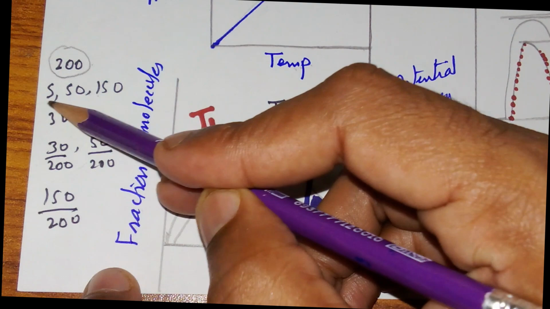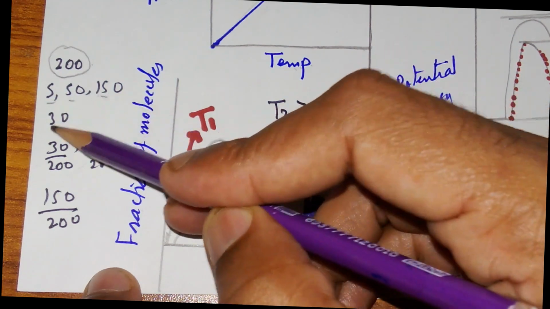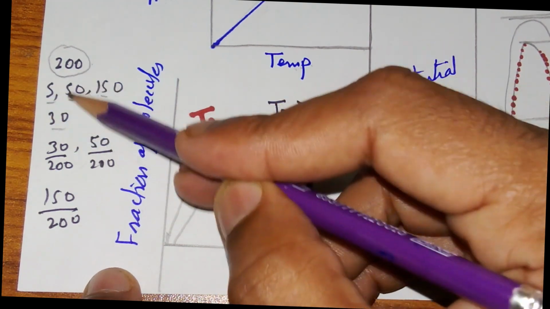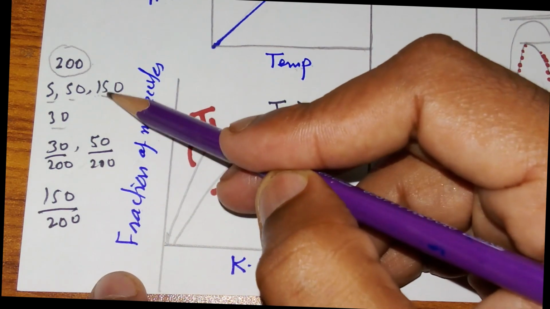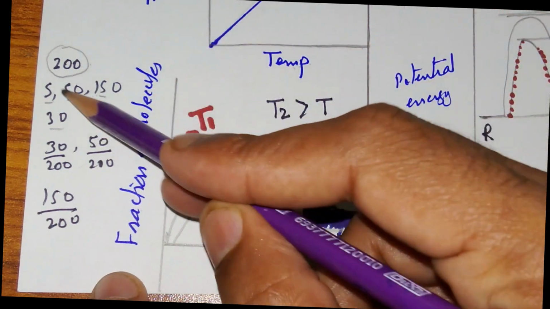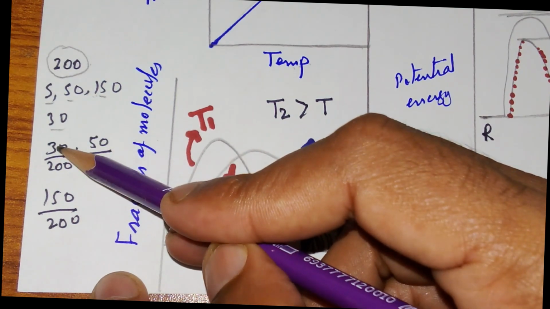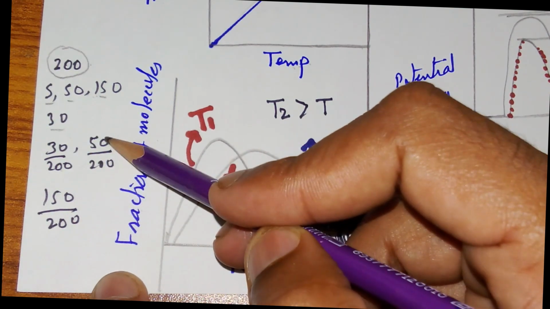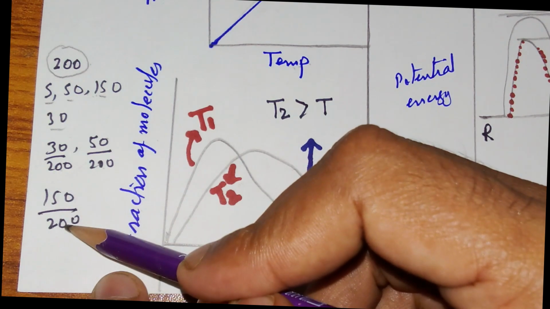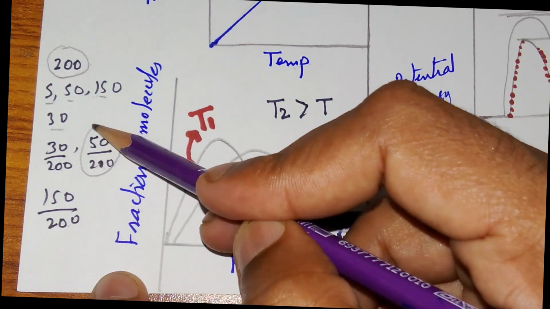If I say we have 50, 150, or 30 molecules, these all have different kinetic energy. The fraction of these would be 30 by 200, 50 by 200, 150 by 200, so this will be the fraction of the molecules.